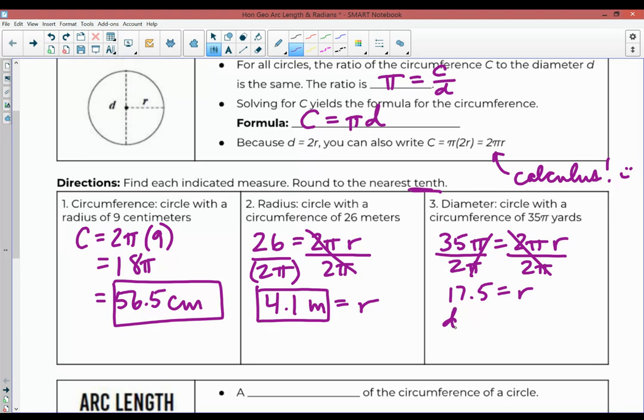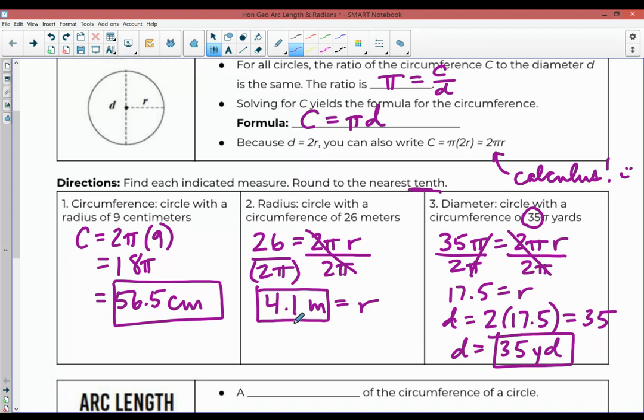And I know that the diameter is 2r, so that's 2 times 17.5, which is 35. And what do you know? That's, again, based on that ratio. So the diameter is 35 yards.